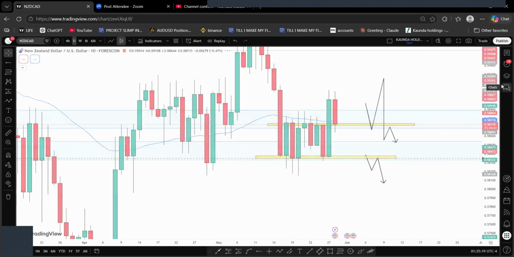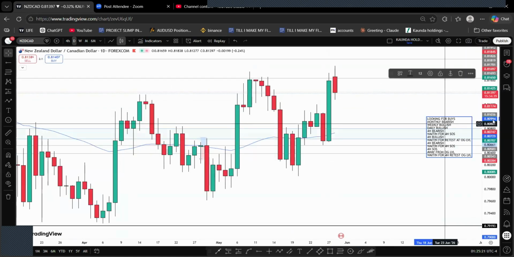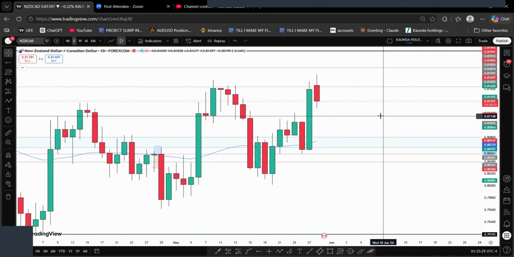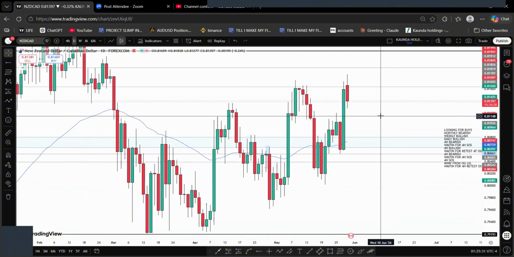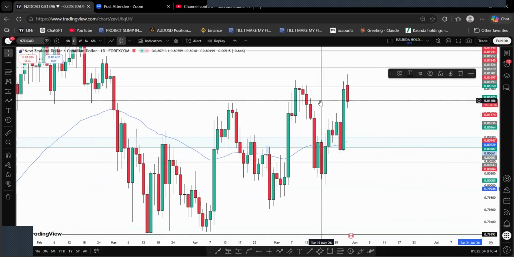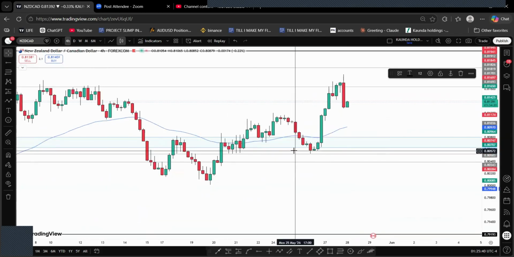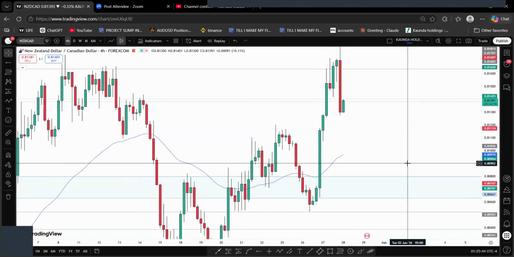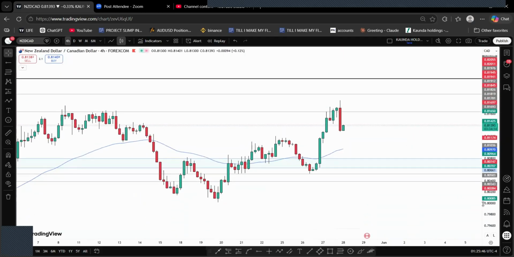And then we have NZD CAD. We also wanted to buy this pair so bad, but price ended up leaving us. It's crazy because I've been on the setup and I've been on the direction of this trade, but it's just been a hard time to find the entry.